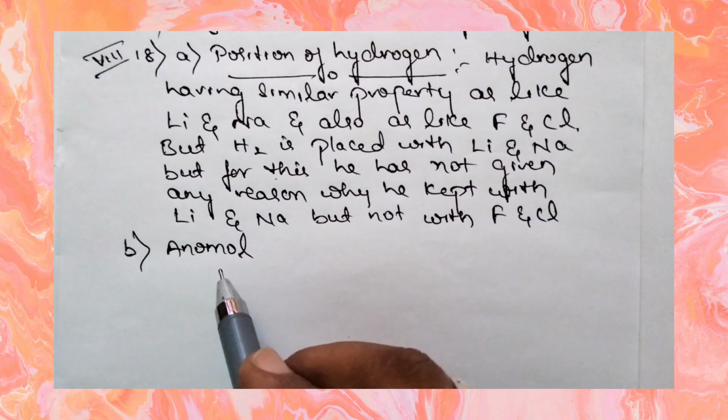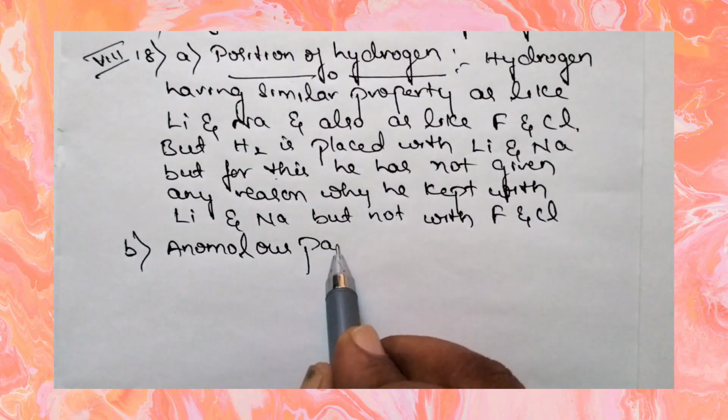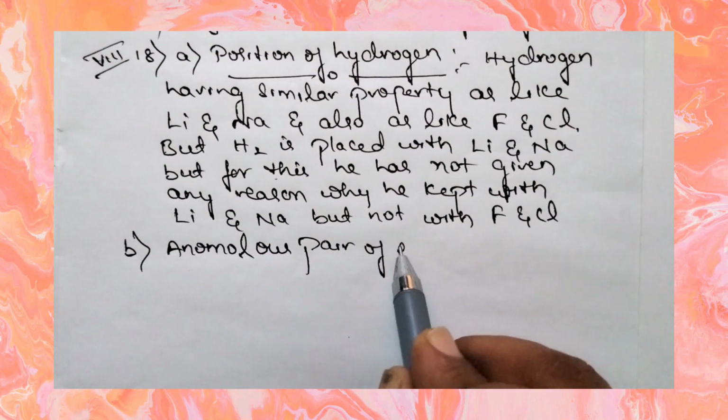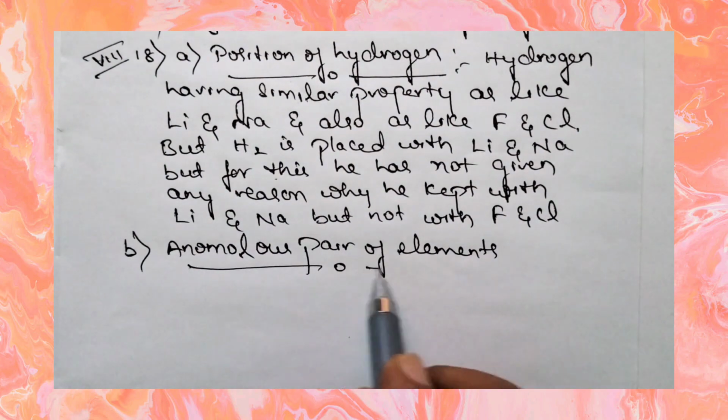The second one is anomalous pair of elements. Anomalous pair of elements is the key point.